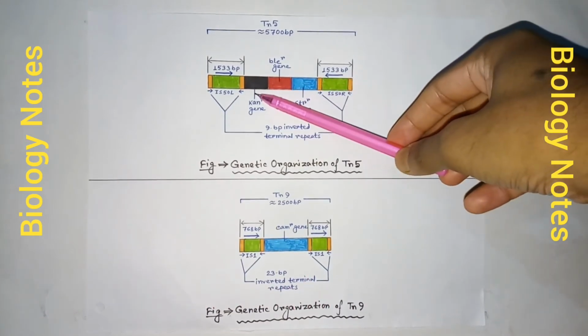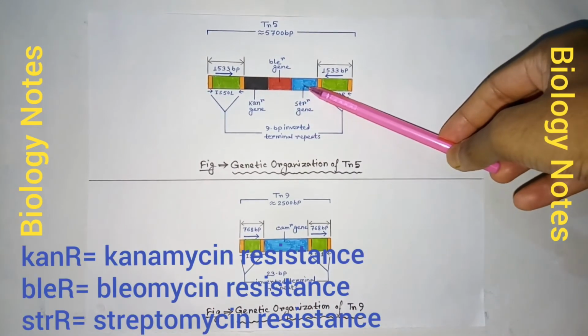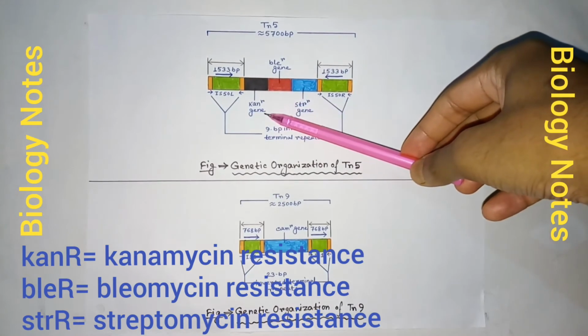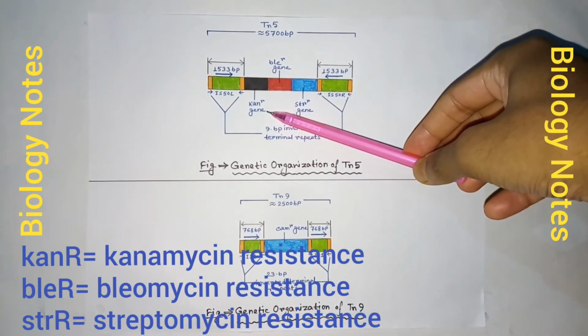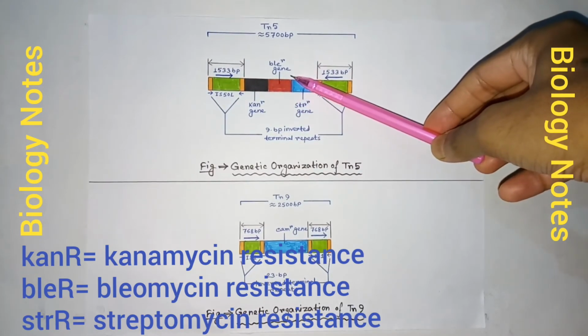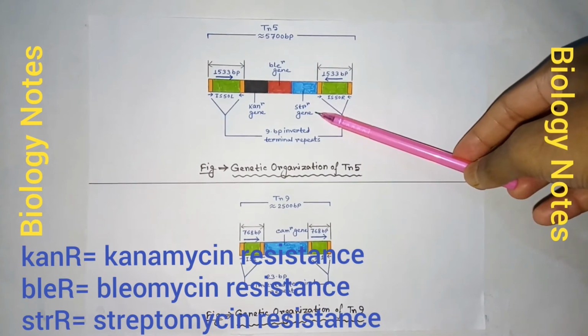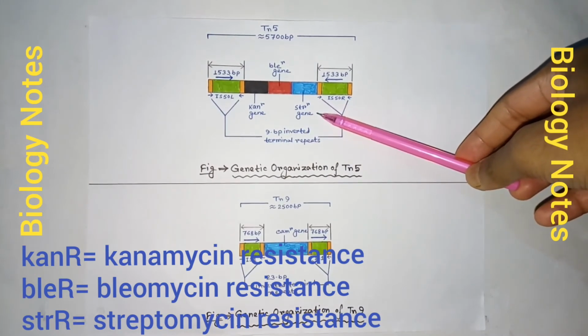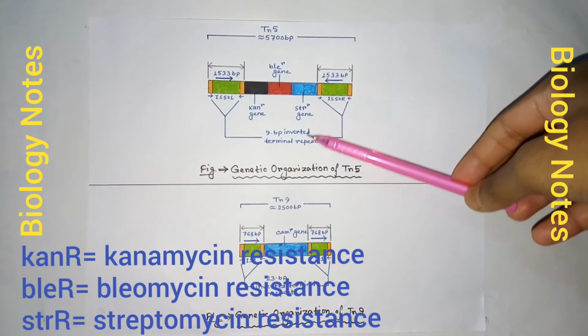It contains 3 antibiotic resistance genes. These are KanR, meaning kanamycin resistance, BleR, meaning bleomycin resistance, and StrR, meaning streptomycin resistance.